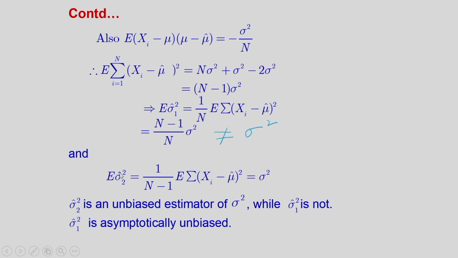Therefore sigma 2 hat square is an unbiased estimator of sigma square, while sigma 1 hat square is not. That is why in determining the sample variance, we always divide by n minus 1 to make it an unbiased estimator. But as n tends to infinity, this factor will become 1. Therefore sigma 1 hat square is asymptotically unbiased.